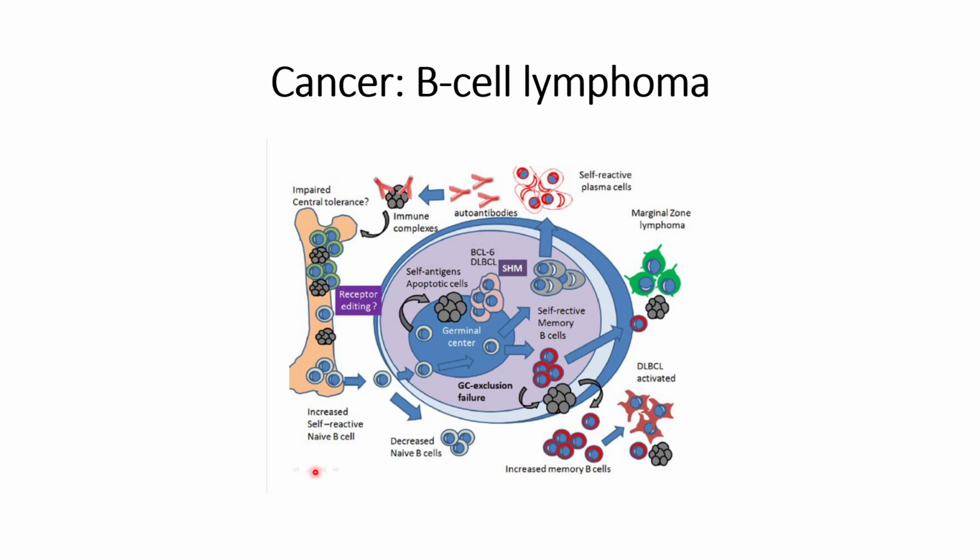This is an example in which a person has B cell lymphoma. This is where it started. B cells have to work against the impaired apoptotic cells; B cells have to destroy these cells. However, because the number of B cells does not have enough receptors, they are not able to recognize these cells and not able to kill them.